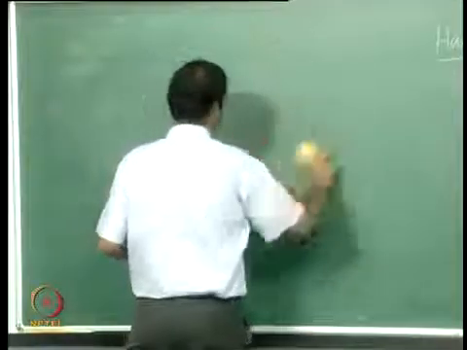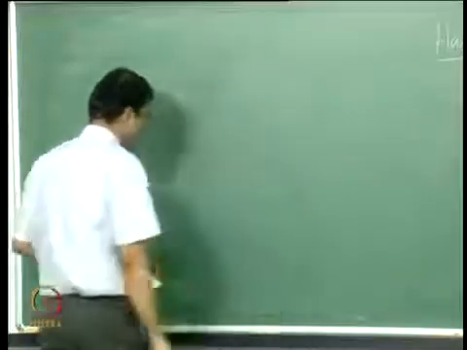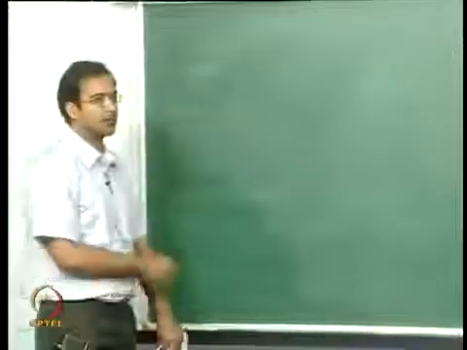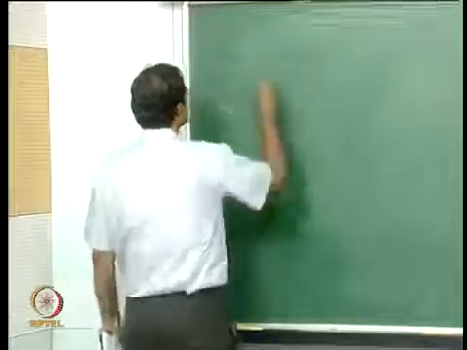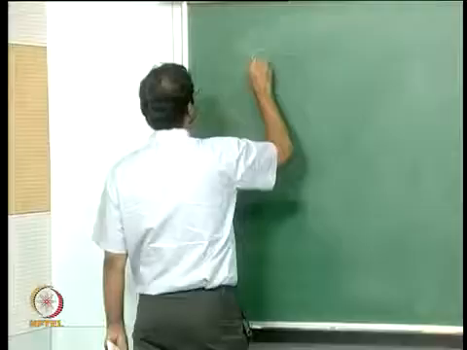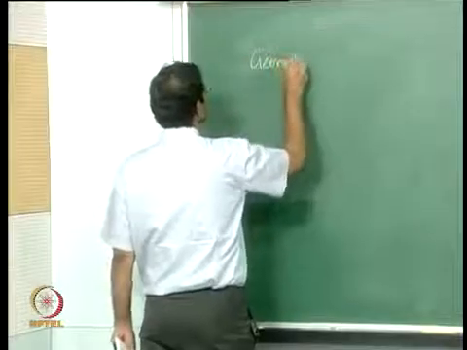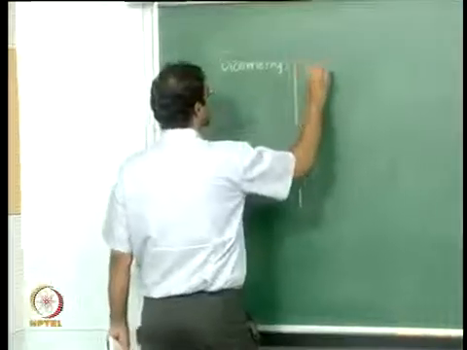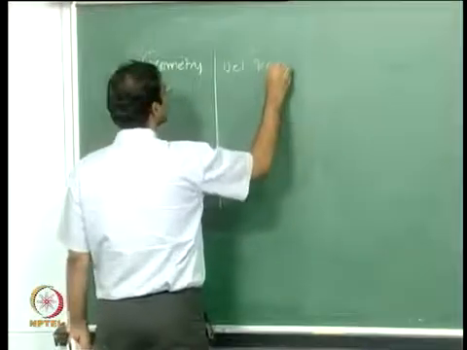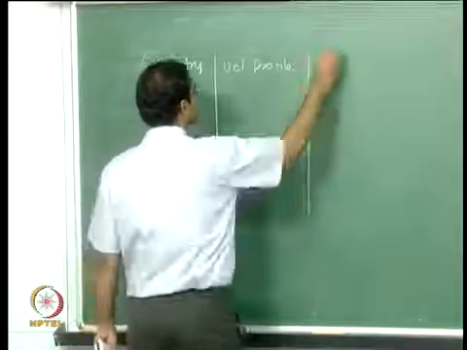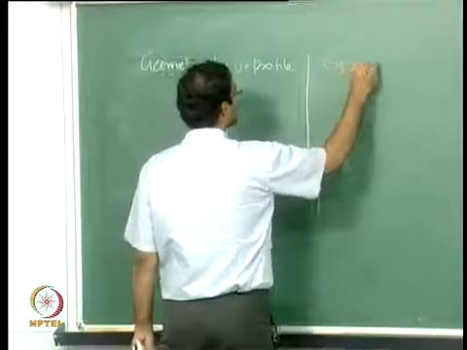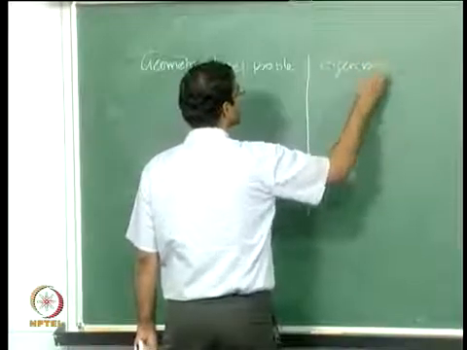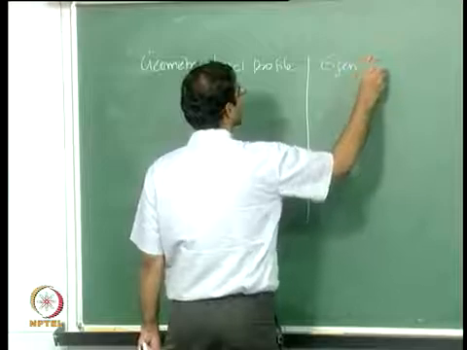Okay, if you look at the analytical solution to the problems, first is the geometry or the configuration and velocity profile and the corresponding eigenvalue problem, or I will say eigenfunctions.